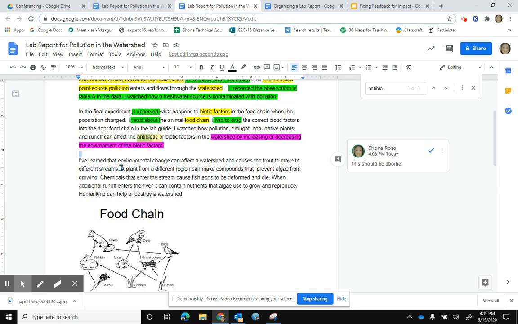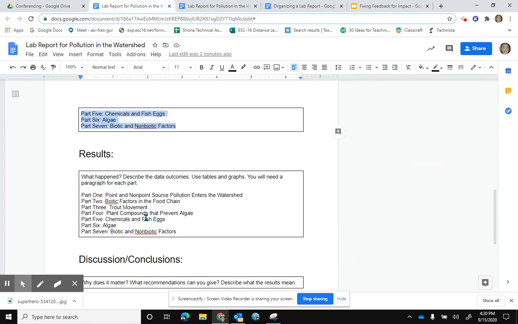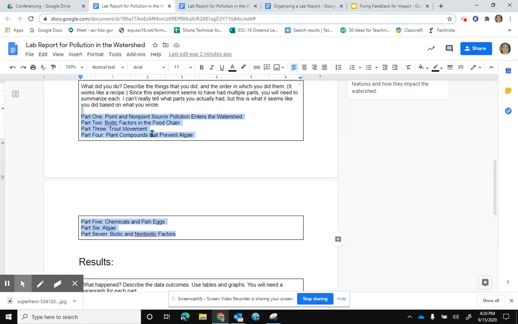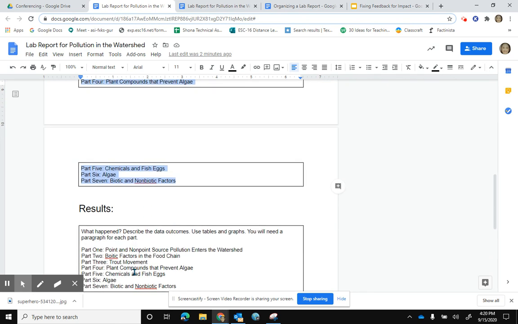I think you have a lot of the results that are here in this paragraph that can really add to some of the things that you're going to be putting in this paragraph.